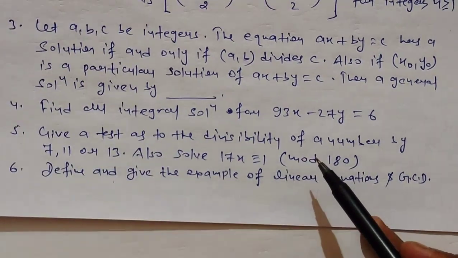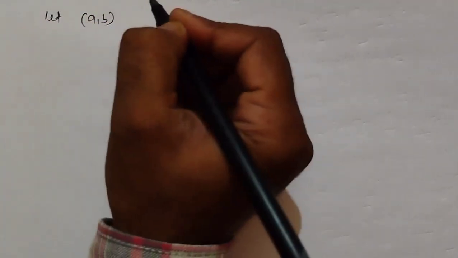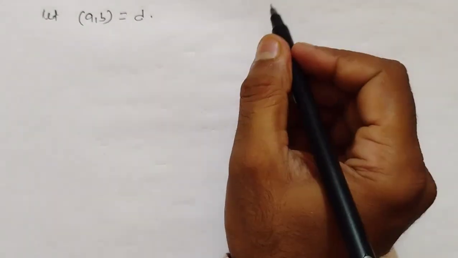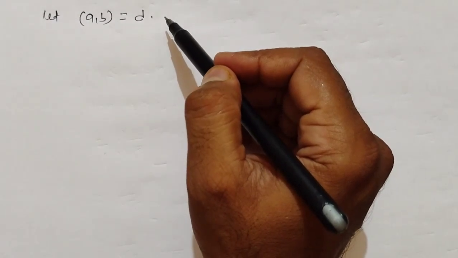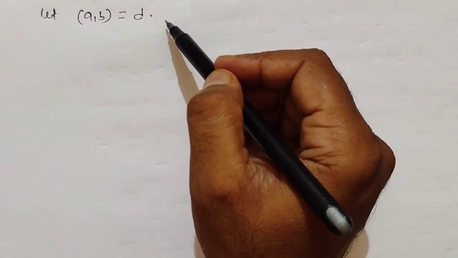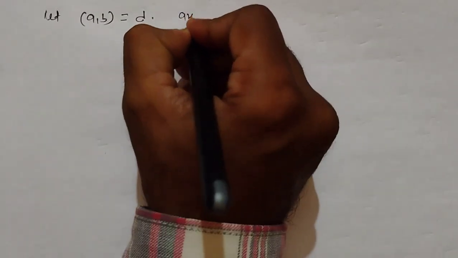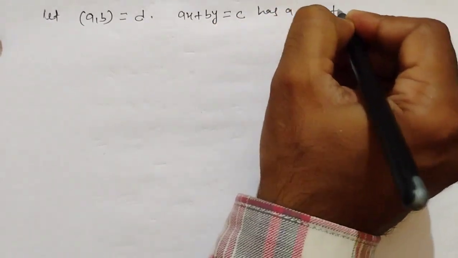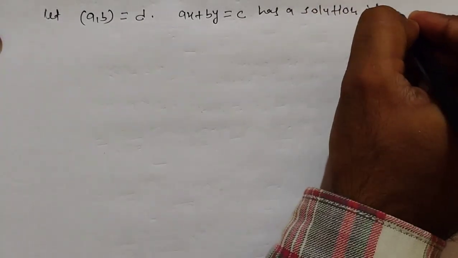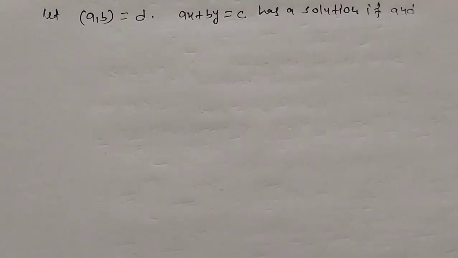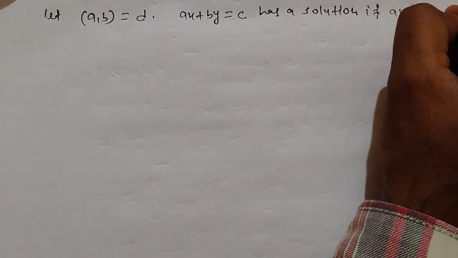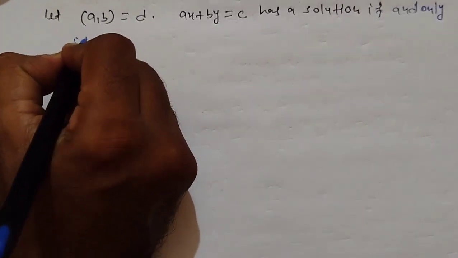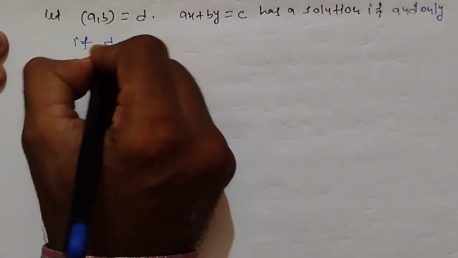So now let gcd(a, b) be equal to d, and this is for ax plus by is equal to c has a solution if and only if d divides c.